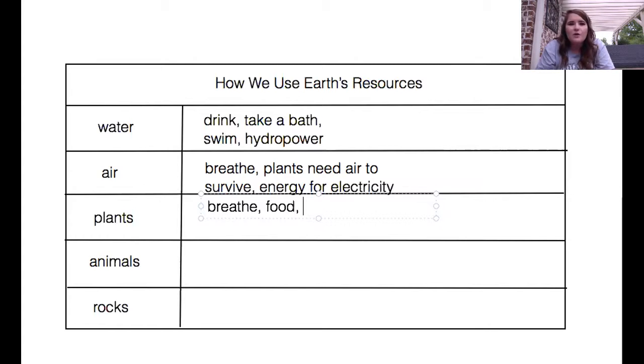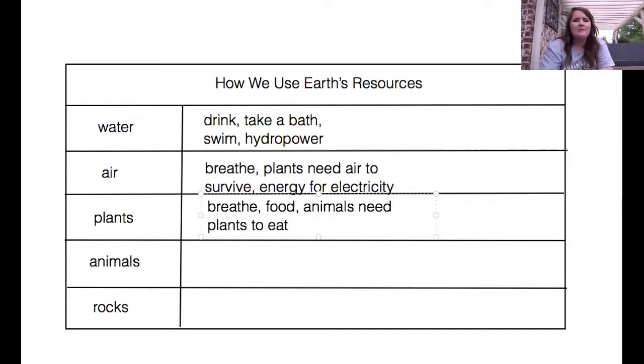We also have to think, who else eats plants besides us? Animals do. So animals need plants to eat. Right now these are all three things that somebody uses every single day. Maybe not us, maybe not the plants, but everybody is using these resources every single day.